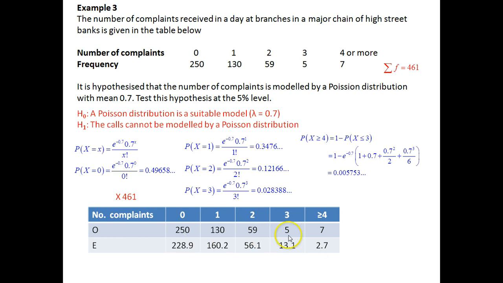Now I needed them to add up to 461, so I could have worked that out and multiplied by 461, or I could have just added them and made them equal to 461. Remember, don't round our expected values. This is less than 5, so we need to pool the last two columns.